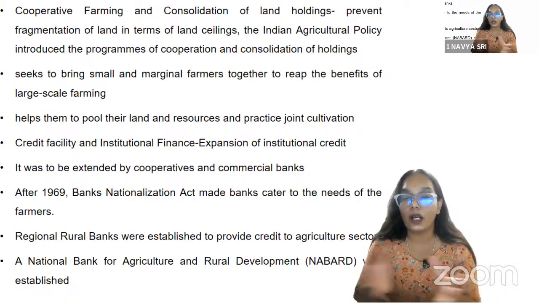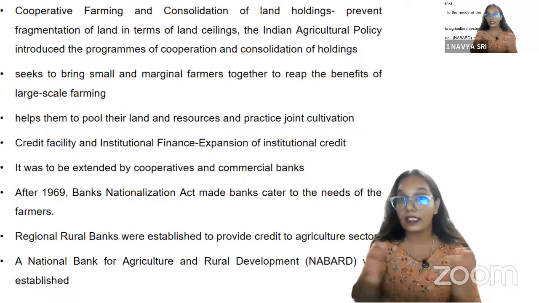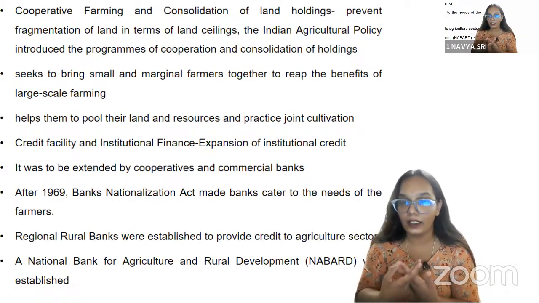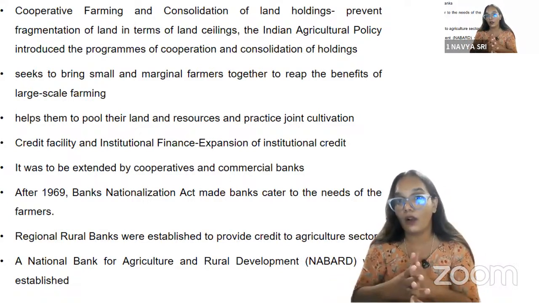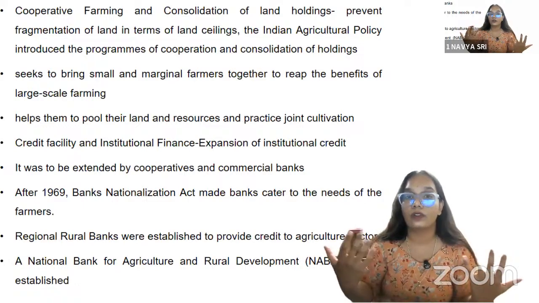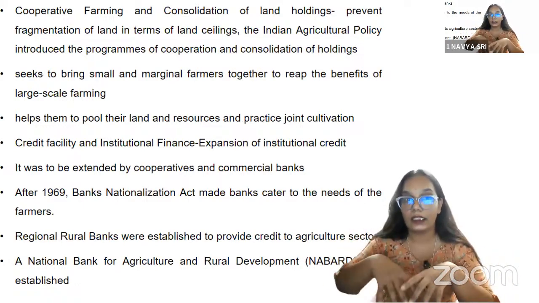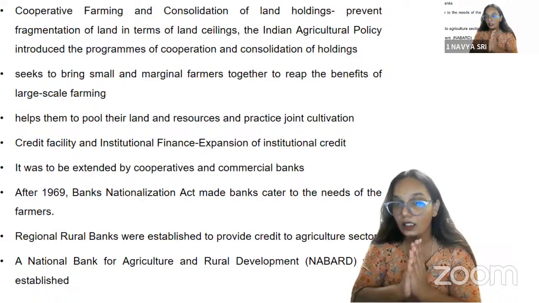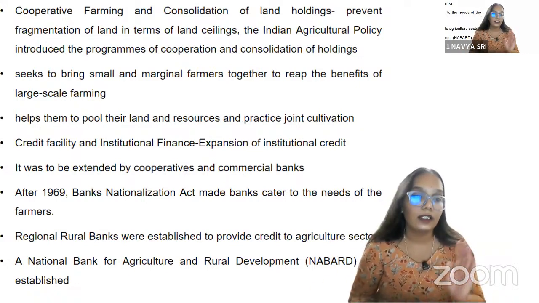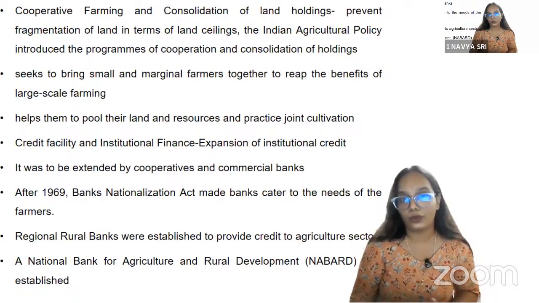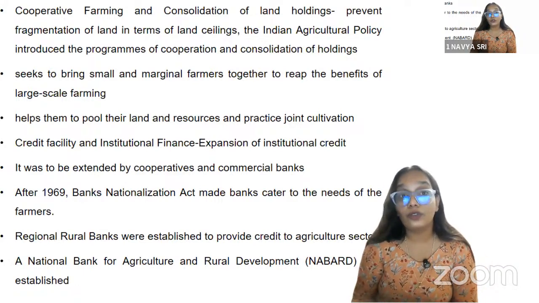So for them to come together and plow it or irrigate it together as a community could be beneficial both to the farmers and to the economy, where they can use the machinery intended for a larger area. So they introduce cooperative farming and consolidation of land holdings. Then it helps them pool their land resources. So this in a way leads to joint cultivation.